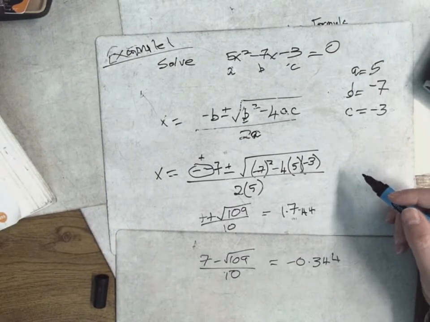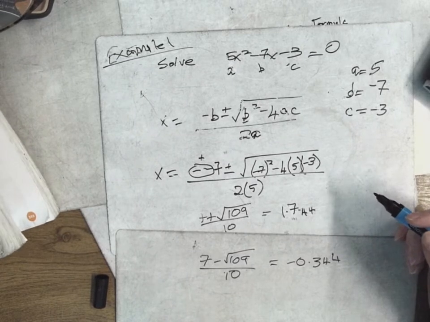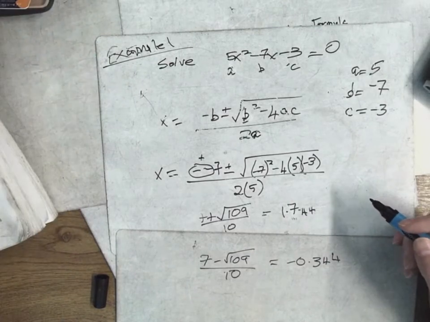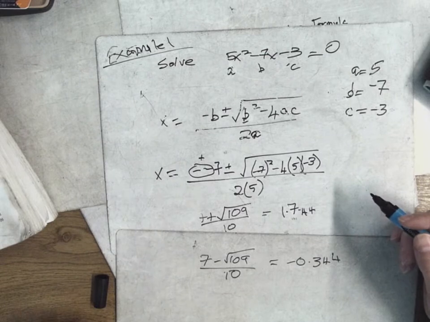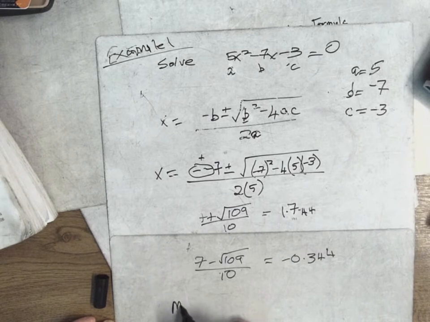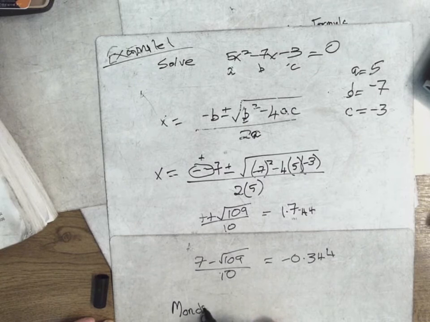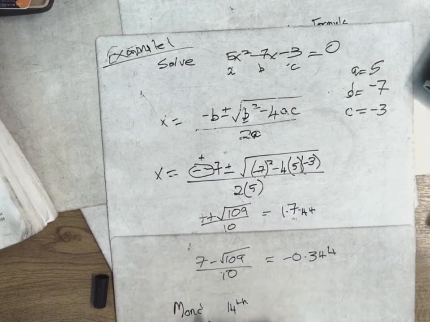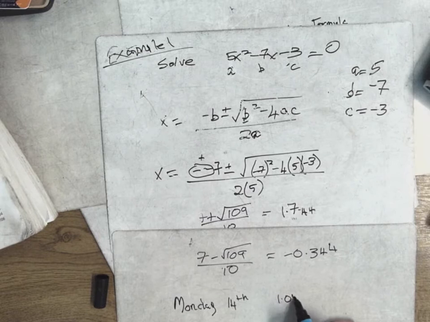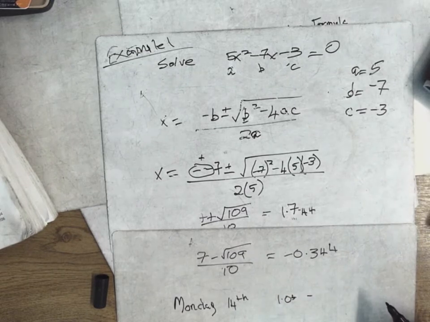Right, okay. So do you want to take a minute to write into your diary Monday the 14th maths Christmas test, and I'll tell you what chapters you have. So it's from 105 to 225.